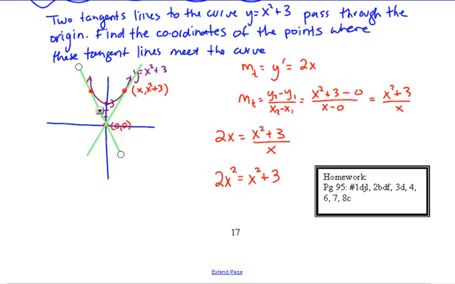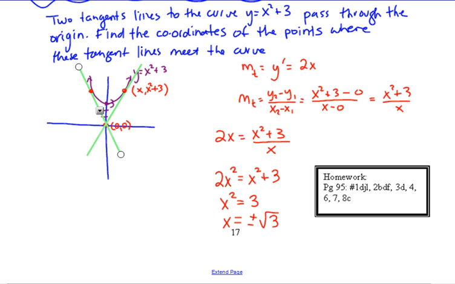We're solving a quadratic, but it's a simple quadratic. So subtract x squared to the other side. x squared equals 3. So that means x is, when you square root both sides, plus or minus root 3.